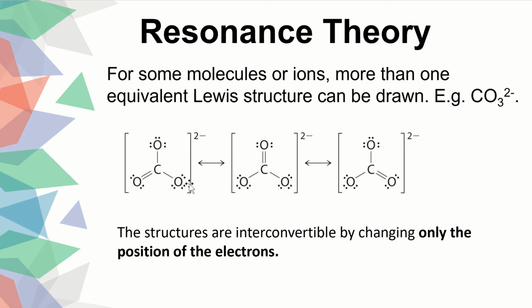How resonance comes in is that this double bond can also be here, as seen in this structure, and then the double bond could also be here, as seen in this structure. So the structures are interconvertible by changing only the position of the electrons.